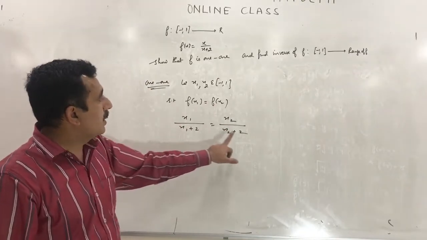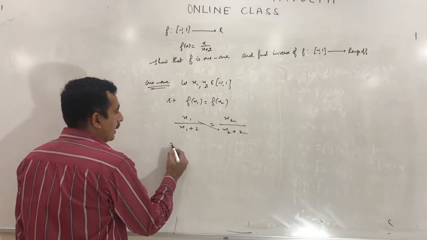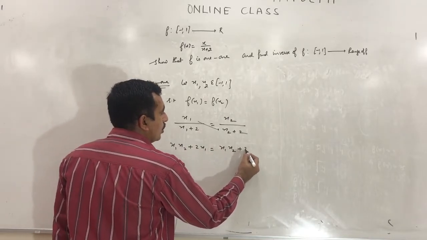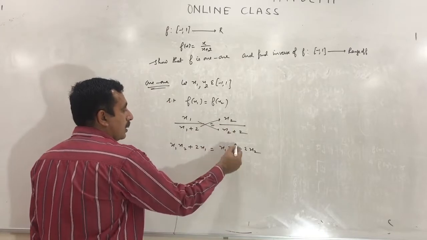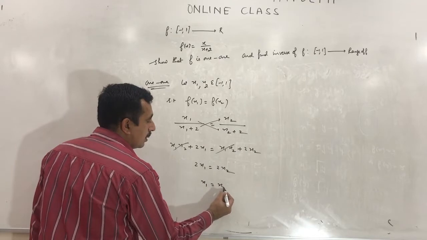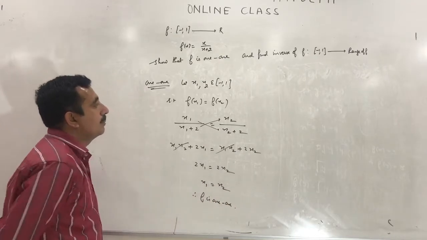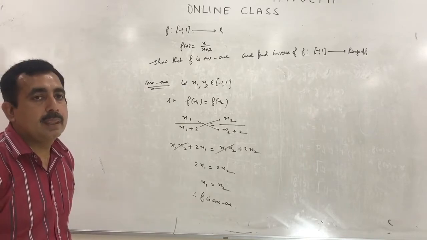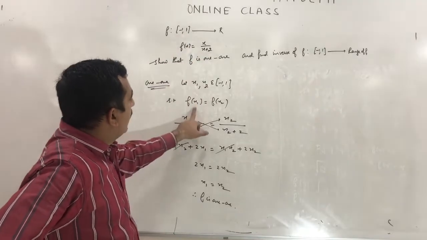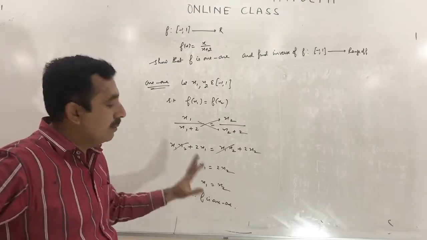This is f(x1), this is f(x2). Next step, cross multiply. So I'll get x1 x2 + 2x1 equal to x1 x2 + 2x2. It will cancel. Therefore f is one-one. You take x1, x2 from -1 to 1 such that f(x1) equals f(x2), cross multiply and reach here: one-one.